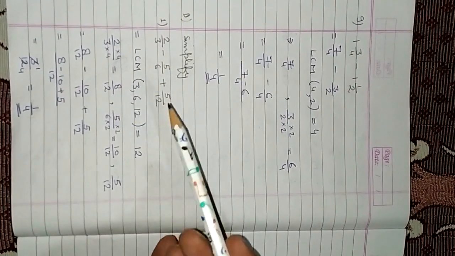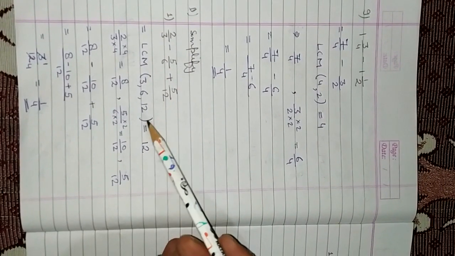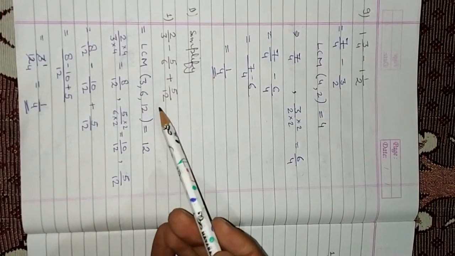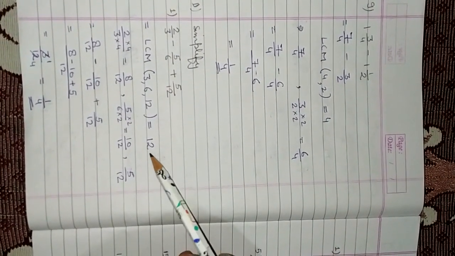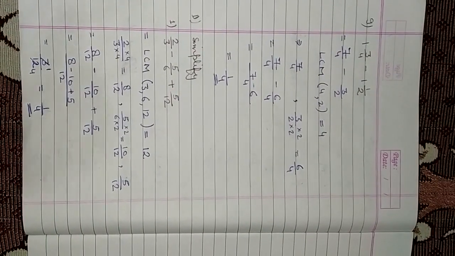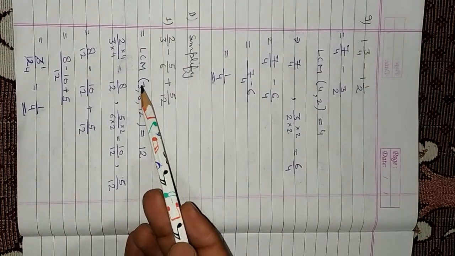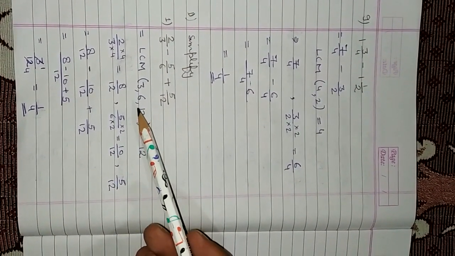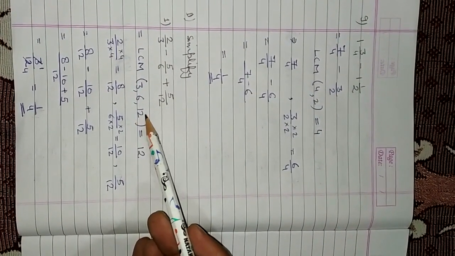Now the process is the same. First make the fractions like. LCM of 3, 6 and 12 is 12. You can find the LCM in your rough part. Now just remember, if we are finding the LCM of numbers such as 3, 6, 12, the greater number is 12.